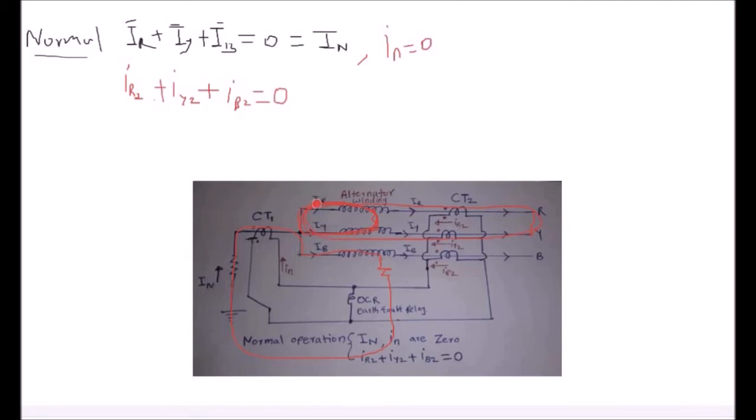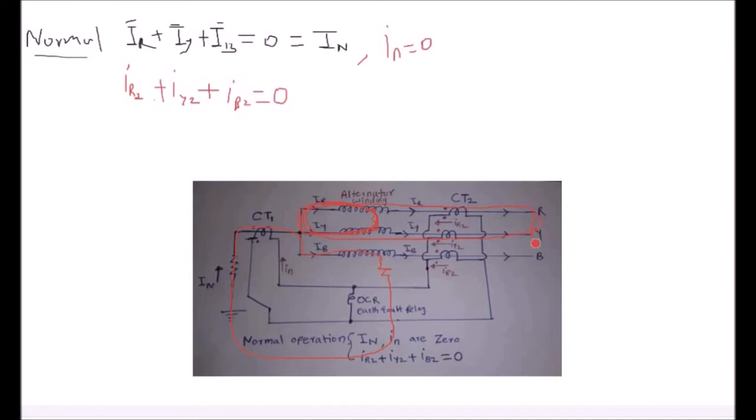Now observe, the fault current is only flowing in CT2, but as this is an RY line-to-line fault, this fault is an unbalanced type of fault, and any unbalance can be split into positive sequence, negative sequence and zero sequence component currents.